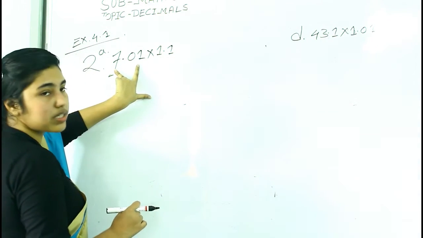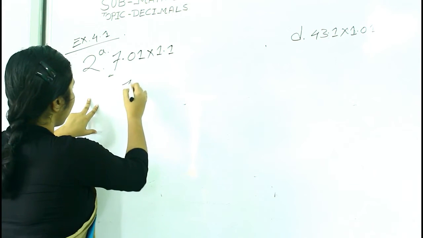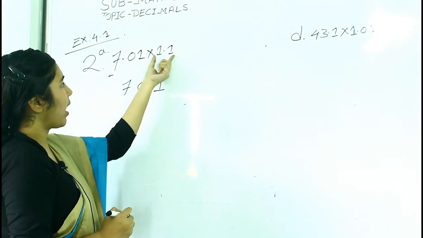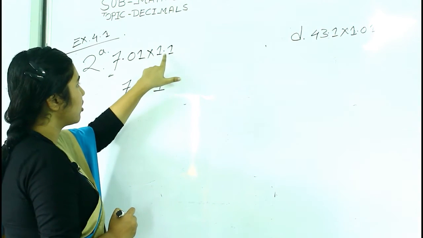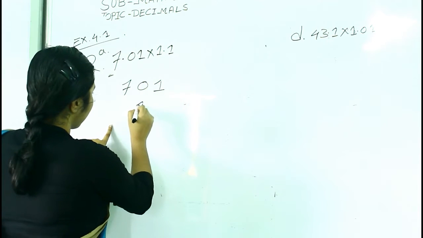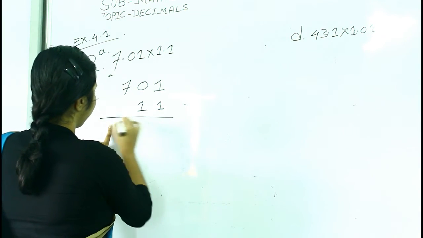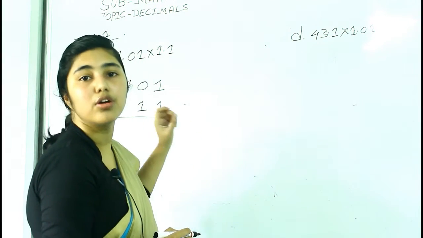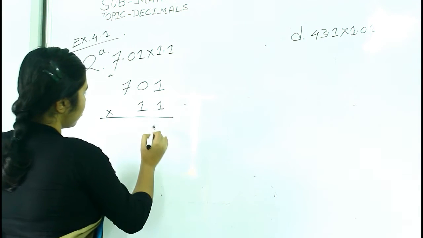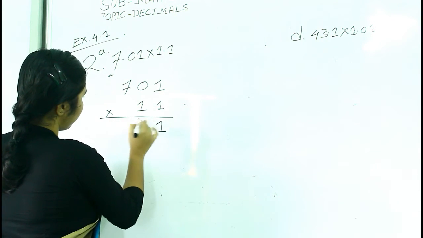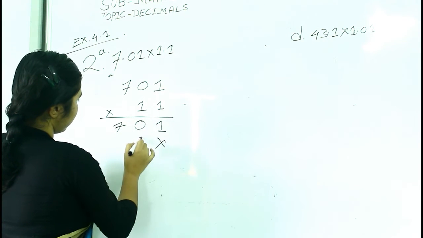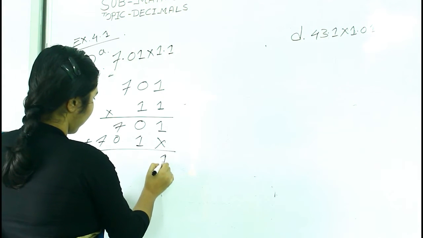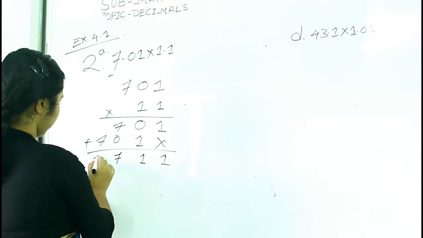So consider 7.01 as the whole number 701 and consider 1.1, ignoring the decimal point, as the whole number 11, and now multiply both numbers as we do for whole numbers. Same process: 1 into 1, 0, 7, 1, 0, 7. Now add: 1, 1, 7, 7.